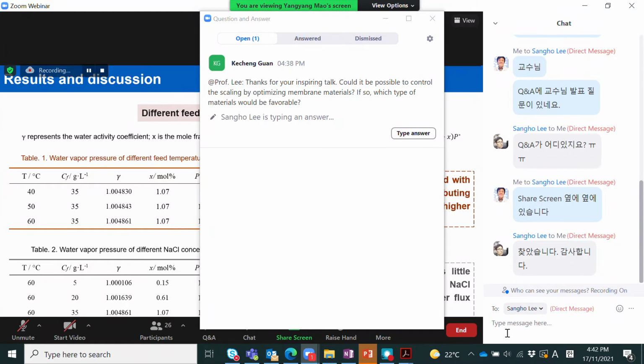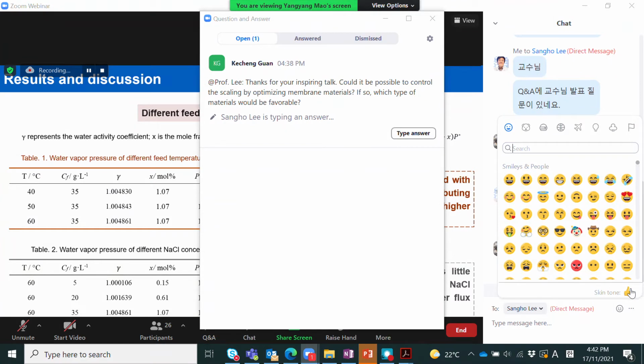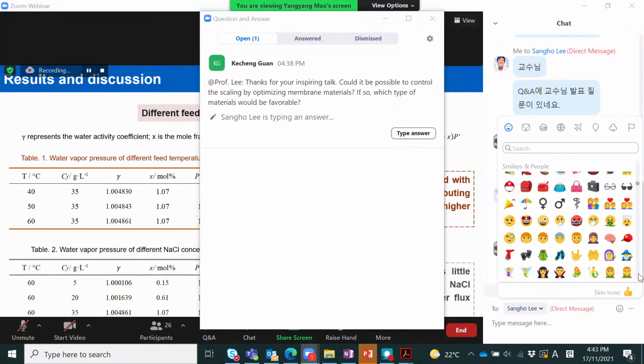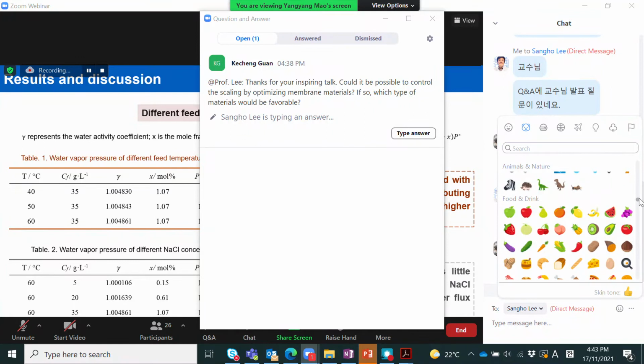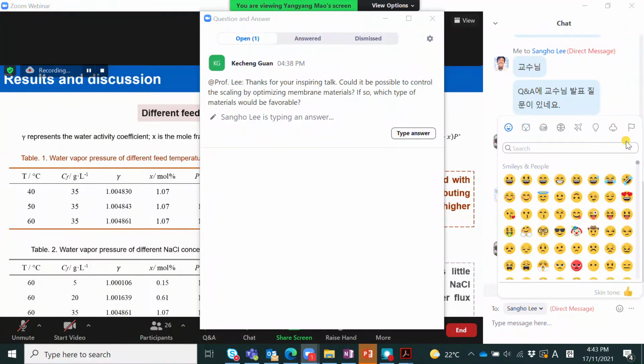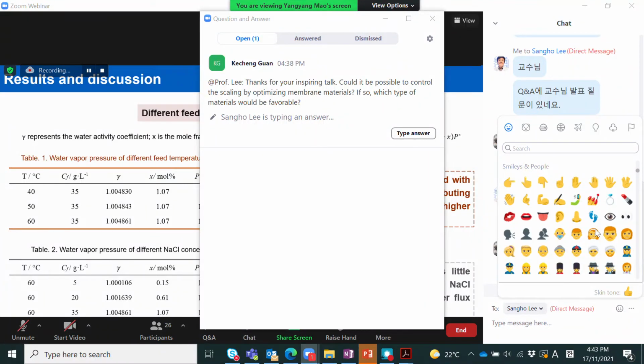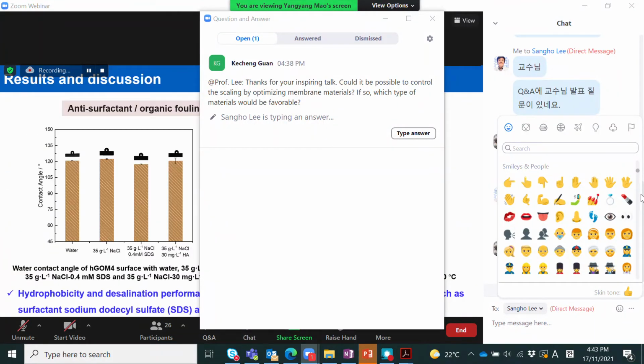We found that the vapor pressure increased with rising feed temperature, and that will contribute to a larger driving force, and thus higher total flux. However, the water vapor pressure varies little within the studied salt concentration, and it will lead to the water flux showing little difference.